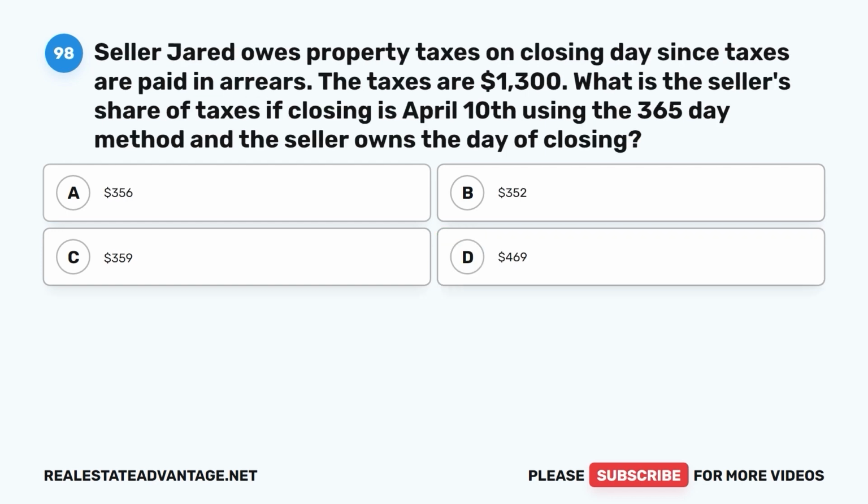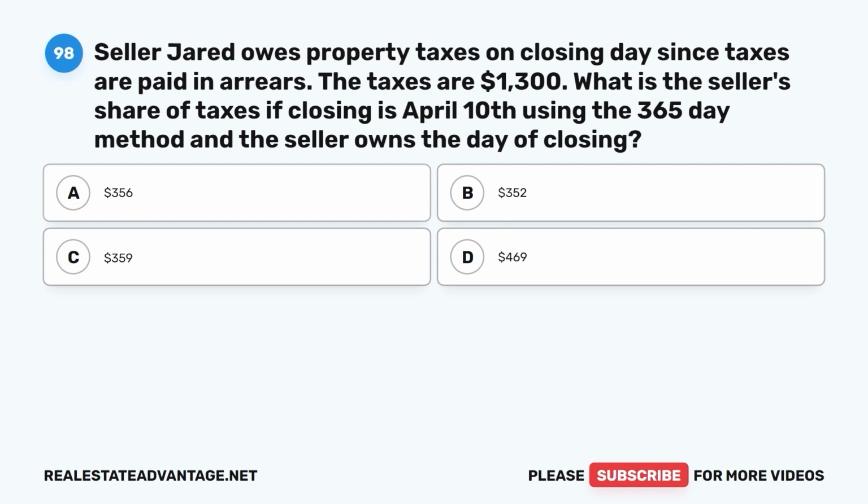Question 98. Seller Jared owes property taxes on closing day since taxes are paid in arrears. The taxes are $1,300. What is the seller's share of taxes if closing is April 10th using the 365-day method and the seller owns the day of closing? A. $356. B. $352. C. $359.